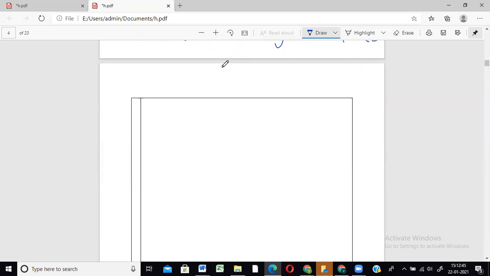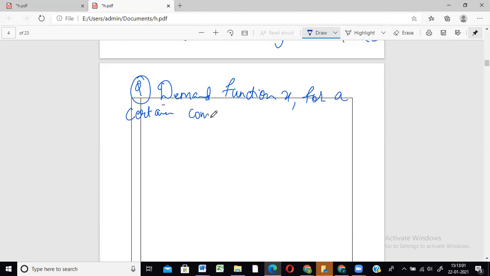So the next one: the demand function for a certain commodity is given as 200 minus 4p, where p is the unit price.